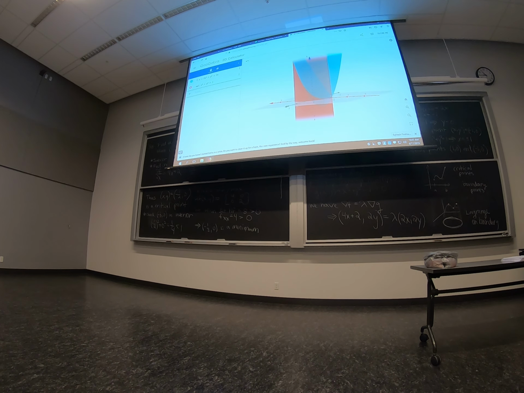Okay? And Lagrange, this equation is picking up the moment when those two things touch, when they have parallel gradients. Okay. Are there questions about this 3D picture or the 2D picture at all?